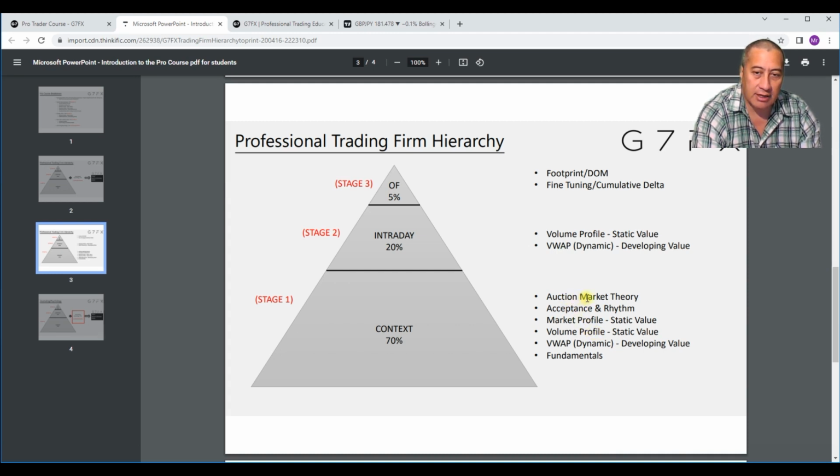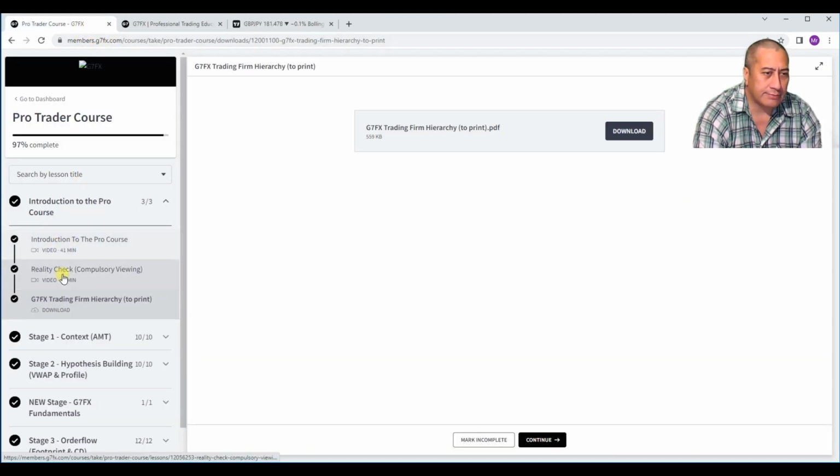You got the auction market theory, which is the depth of market, which I'll explain all that later, and the VWAP. Also the fundamentals, which you have to pay extra to do that course. I'll give you just a touch on each of these soon. Alright. So we'll move on from there.